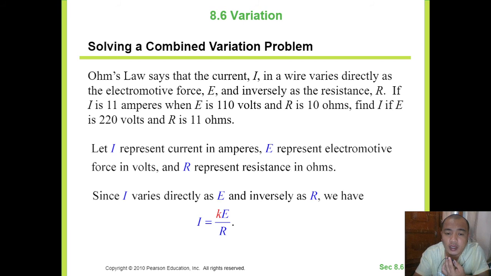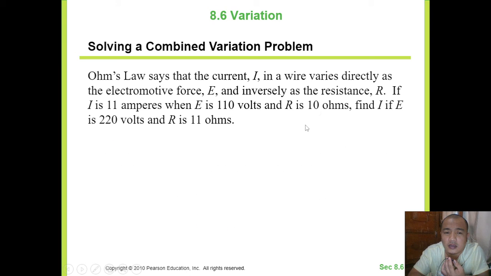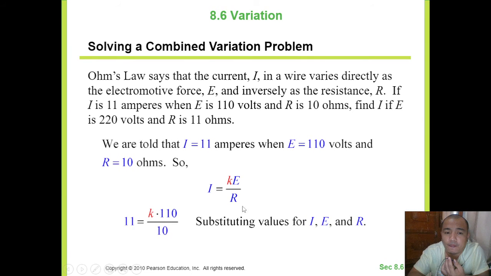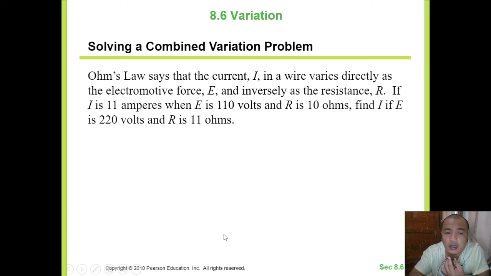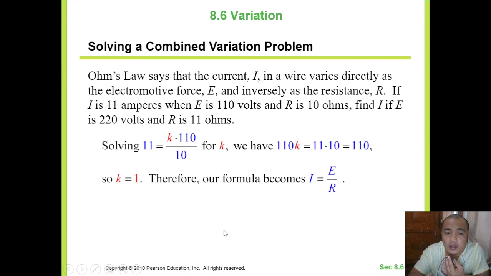Let us now solve for k by substituting I with 11, E with 110, R with 10. 11 is equal to k times 110 over 10. We can cancel here. 110 divided by 10 is 11, and 11 divided by 11, so k equals 1. K is equal to 1.